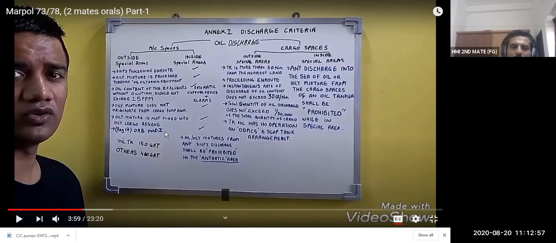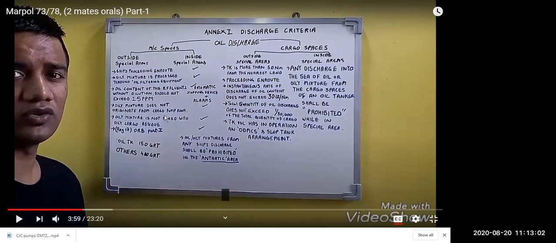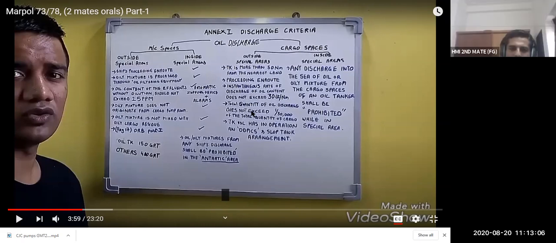So part 1 of the oil record book is for machinery spaces and part 2 is for cargo spaces. All the loading, discharging, ballasting, tank cleaning, accidental discharge and internal transfer of cargo will be put in the oil record book part 2 for cargo space.